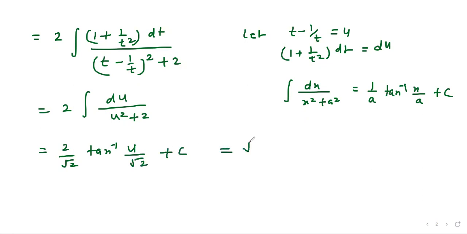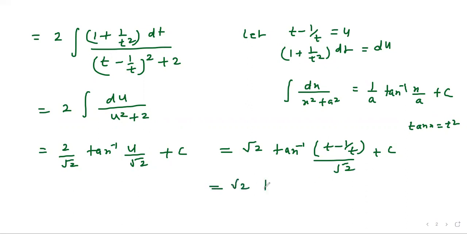We put the values. So this will become root 2 tan inverse, and u is t minus 1 upon t divided by root 2 plus c. But we have assumed tan x as t square. So if we take LCM here, what do we get?